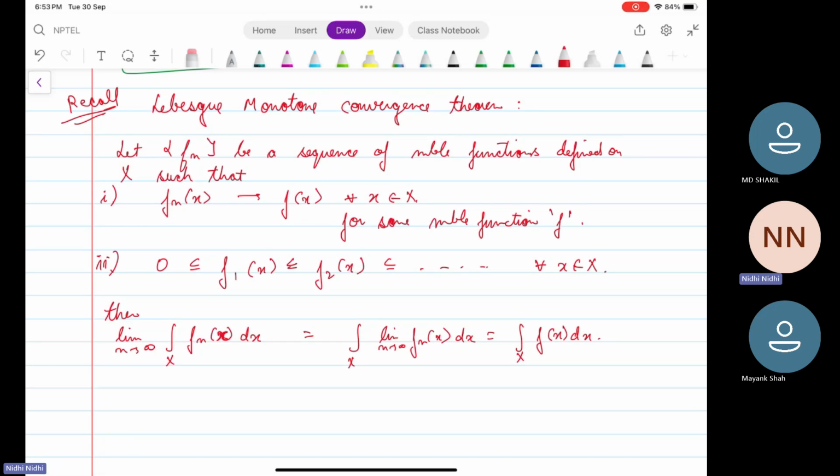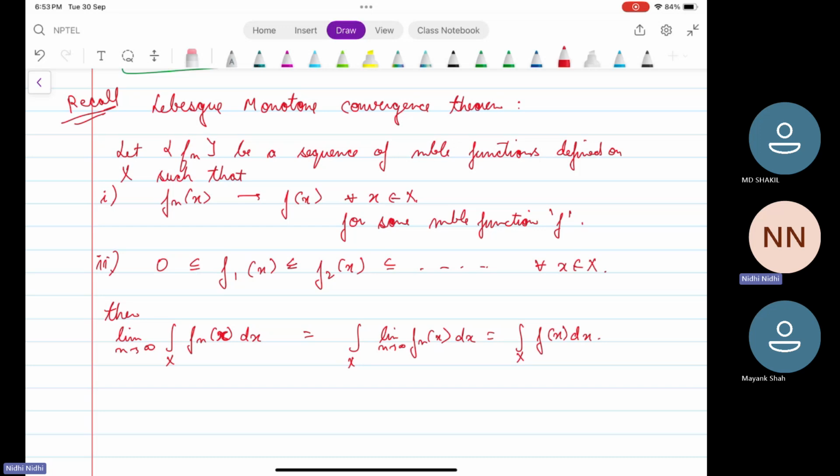Basically, we have a sequence of measurable functions that are converging pointwise to some limit, plus the sequence is a monotone sequence. That means for every fixed x, f1 x, f2 x, and so on turns out to be a sequence of real numbers.